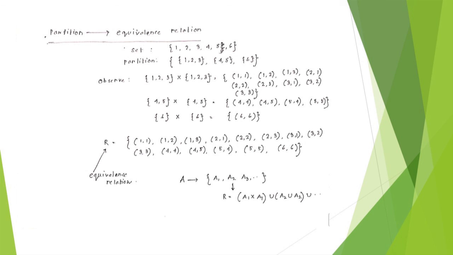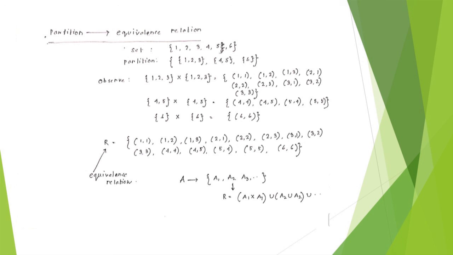And when you take the Cartesian product of the set {4, 5} with itself, we get the set containing (4,4), (4,5), (5,4) and (5,5). And lastly, for the partition set {6}, when you take the Cartesian product with itself, we get the set containing the element (6,6).